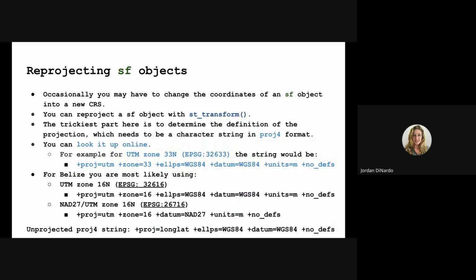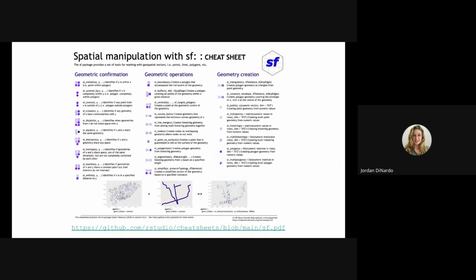I've provided a few examples here that might be of use. That uses the EPSG 3261, which is the UTM zone 16. This other one down here, EPSG 26716, is the UTM zone 16 NAD 27. These are most used for Belize in this case, but in other countries as well, though this was made for Belize.